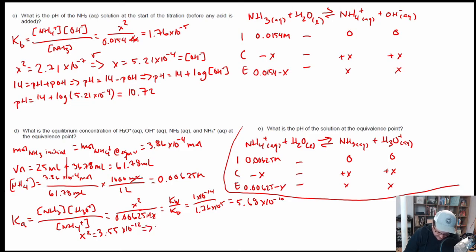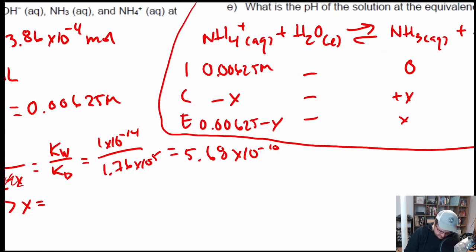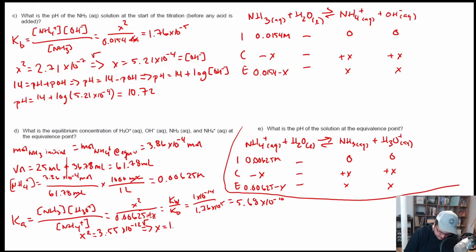And so if I take the square root, X is equal to 1.88 times 10 to the negative 6. So that's what X is equal to in this case.